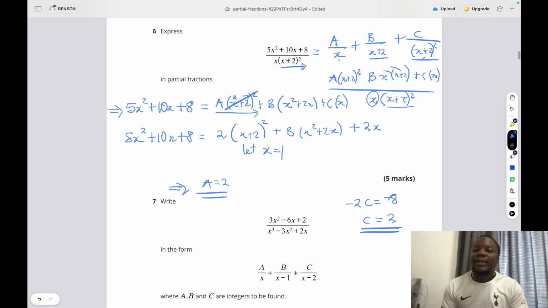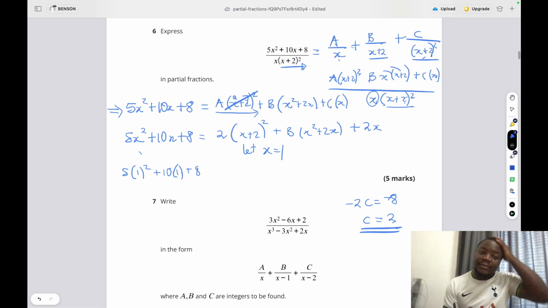When we let x be equal to 1, on the left hand side we have 5 times 1 squared, which is 5, plus 10 times 1 plus 8. So 10 plus 8 is 18, and 18 plus 5 gives us 23.